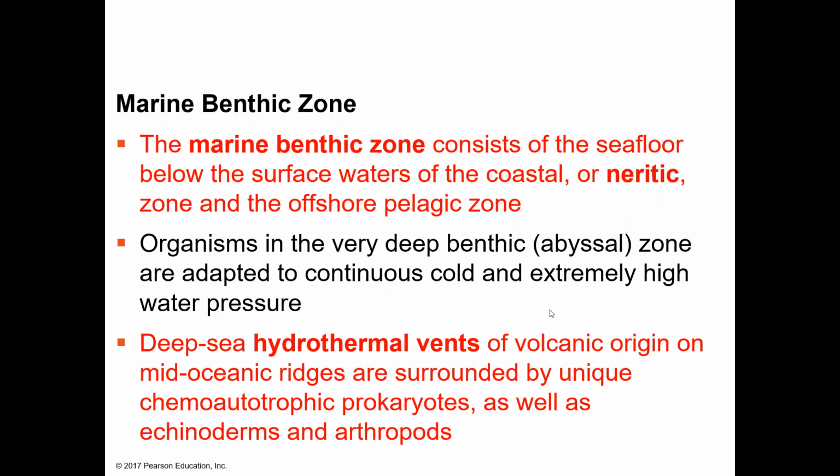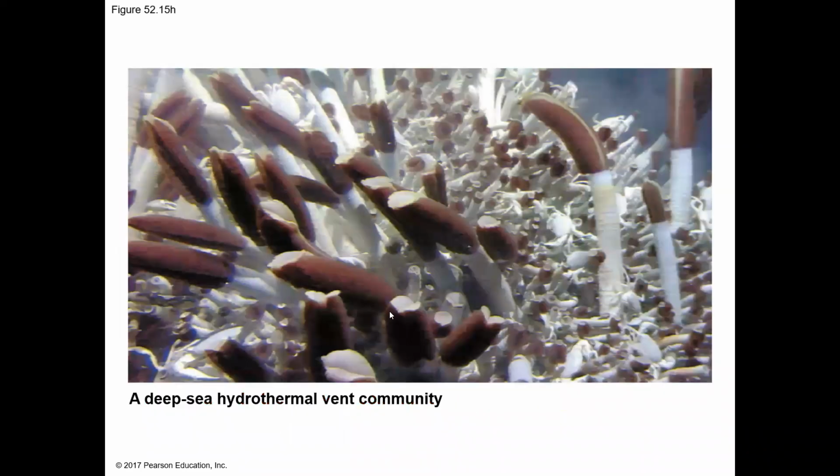The deep sea hydrothermal vents of volcanic origin on mid-oceanic ridges are surrounded by unique chemoautotrophic prokaryotes, as well as echinoderms and arthropods. These deep sea hydrothermal vents are actually potentially one of the sites of the universal ancestors. So here's an example of a community living near a deep sea hydrothermal vent.